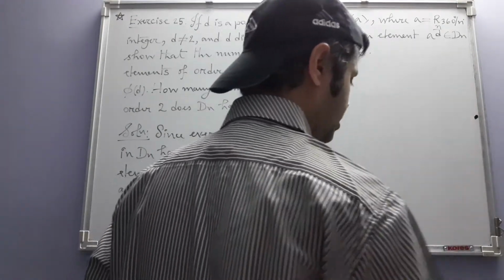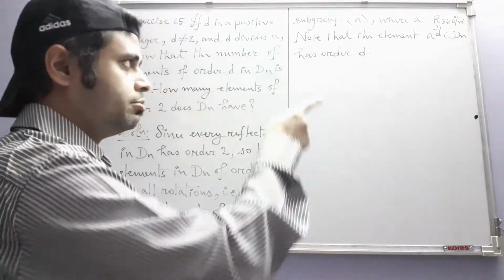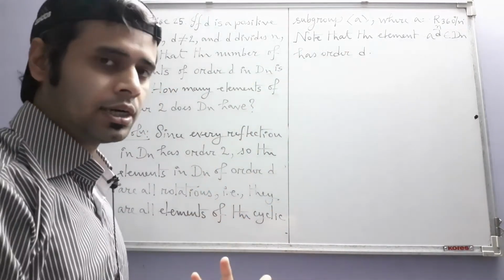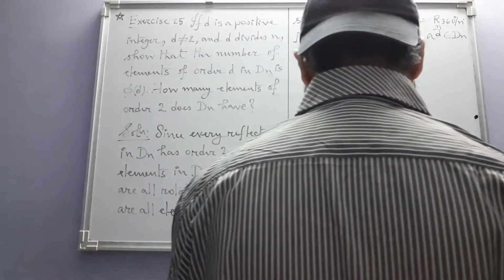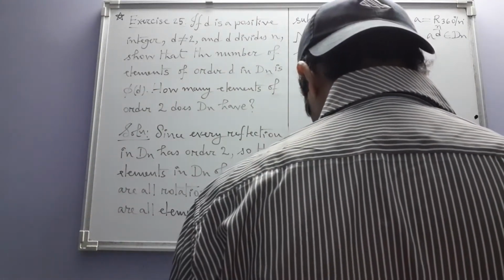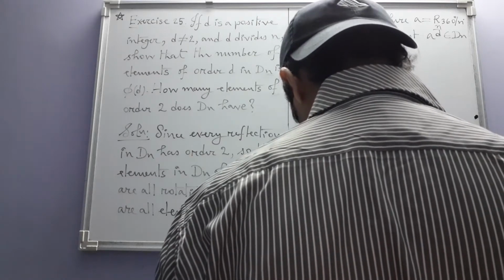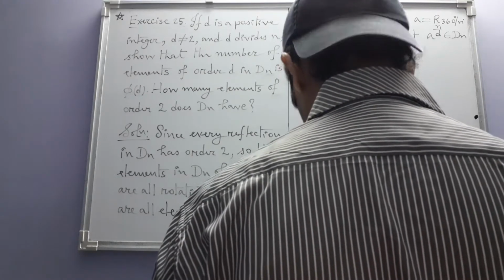So the cyclic subgroup generated by this element in Dn will be of order d. I think that's how we have proceeded here.